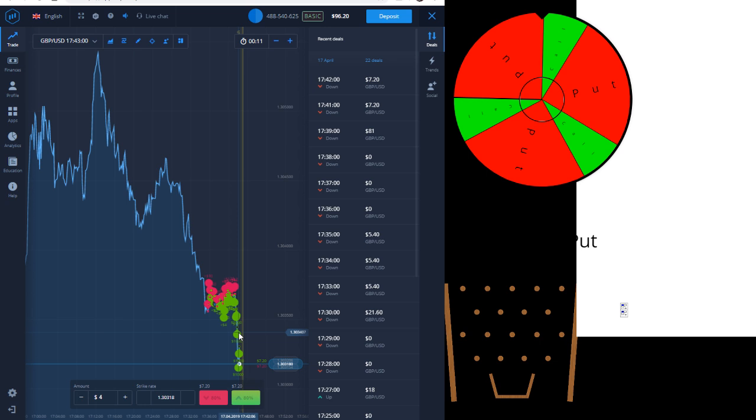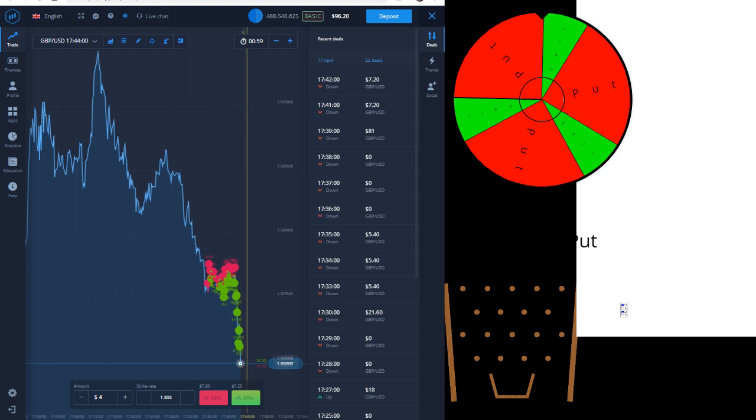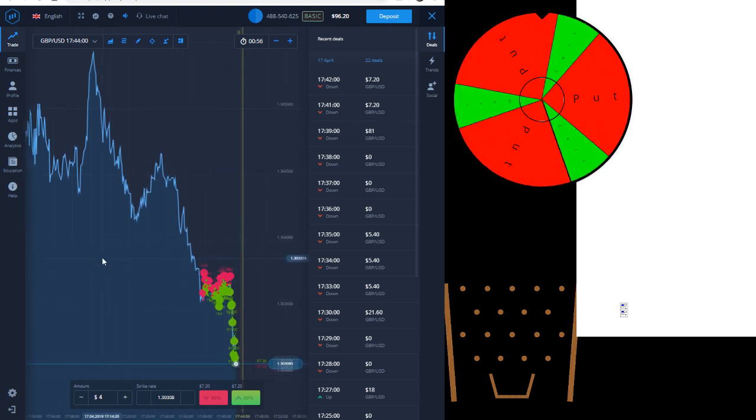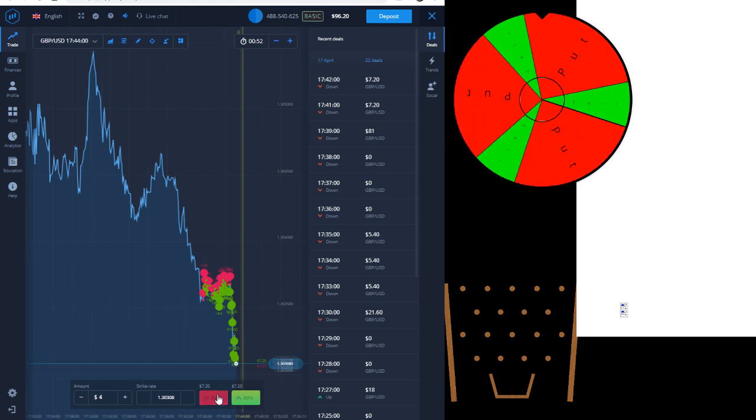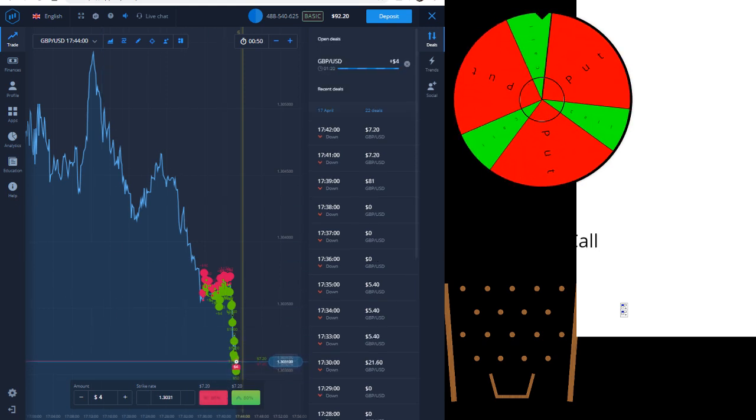Now, if you must know, on this platform, Expert Option, the maximum position size you can place is $1,000. You cannot place an amount bigger than that. So this is your max limit.